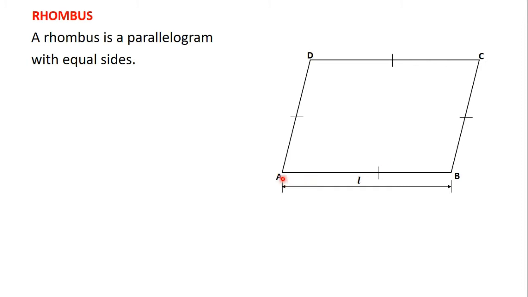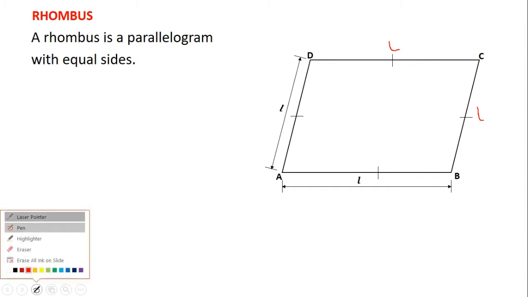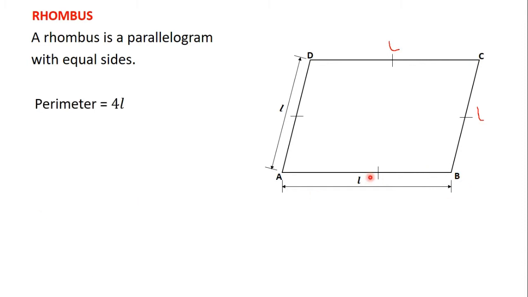If I call the distance AB L, that means this side here is also L, because DC is the same as AB, and AD is also L, so BC is L. So each of the sides is L. It means that the perimeter of this rhombus will be L plus L plus L plus L, which is 4L. So the perimeter of a rhombus is 4L.